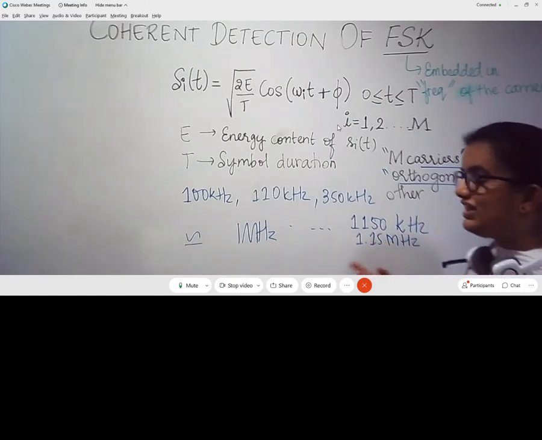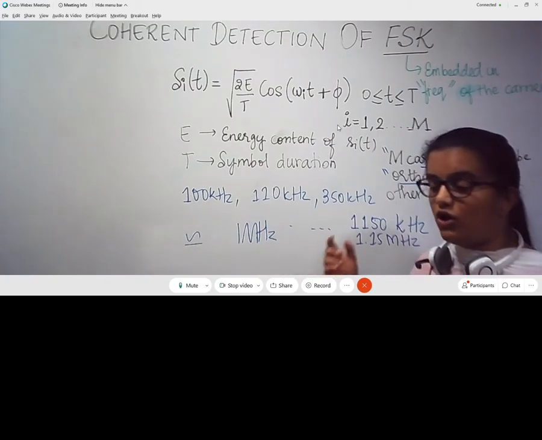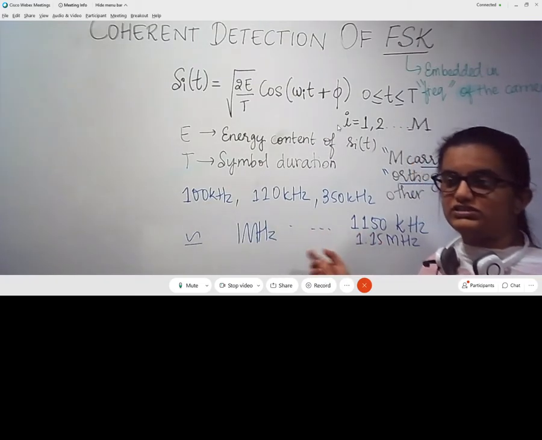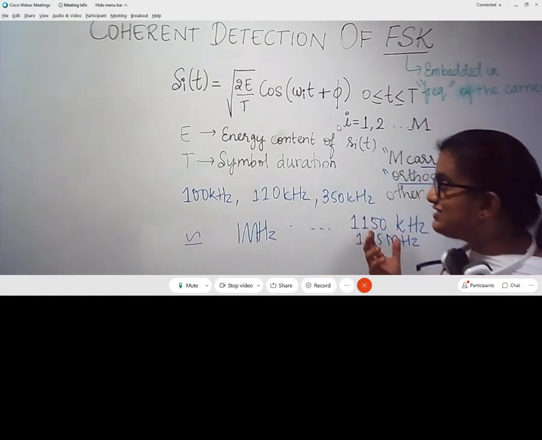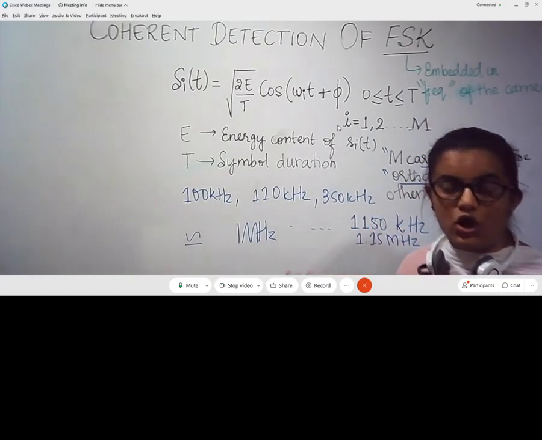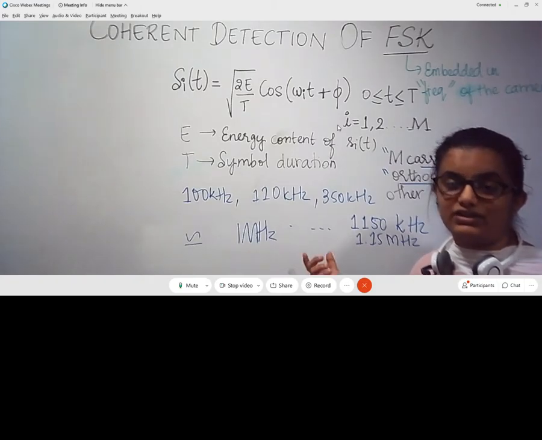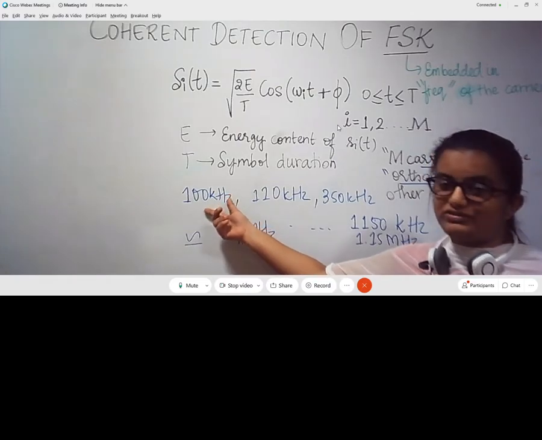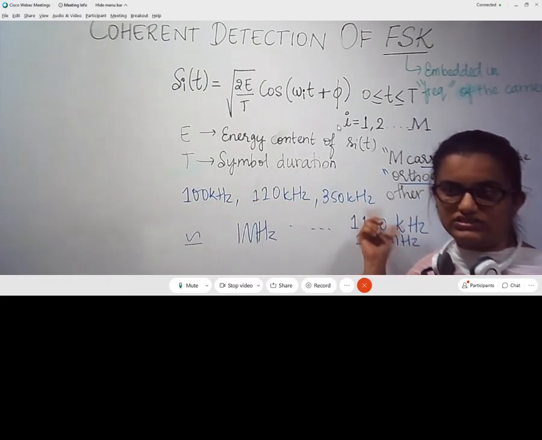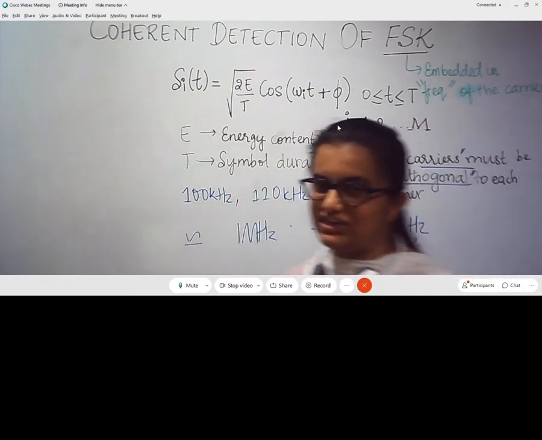So this is a very inefficient system in terms of communication, as it is not making effective use of the available bandwidth. So I cannot randomly pick some frequencies and use them as carrier frequencies.